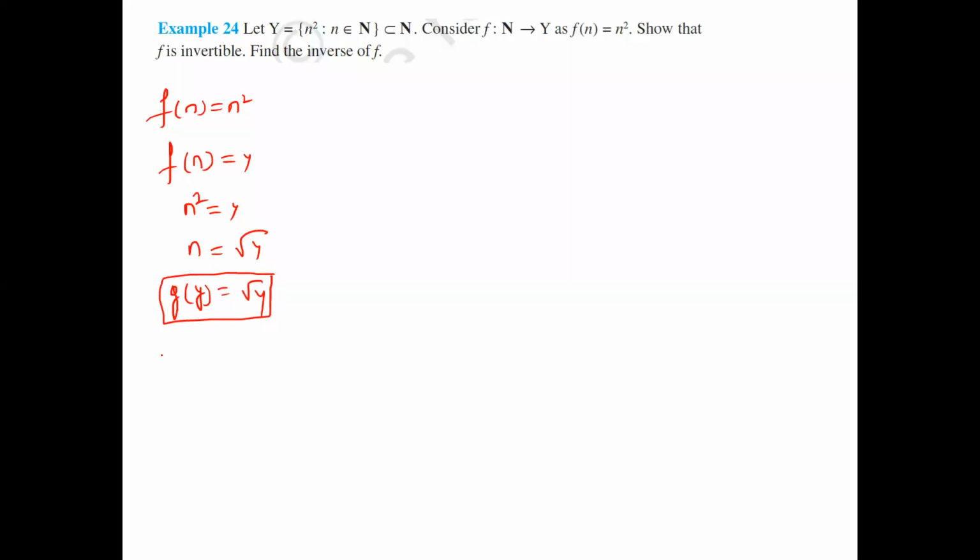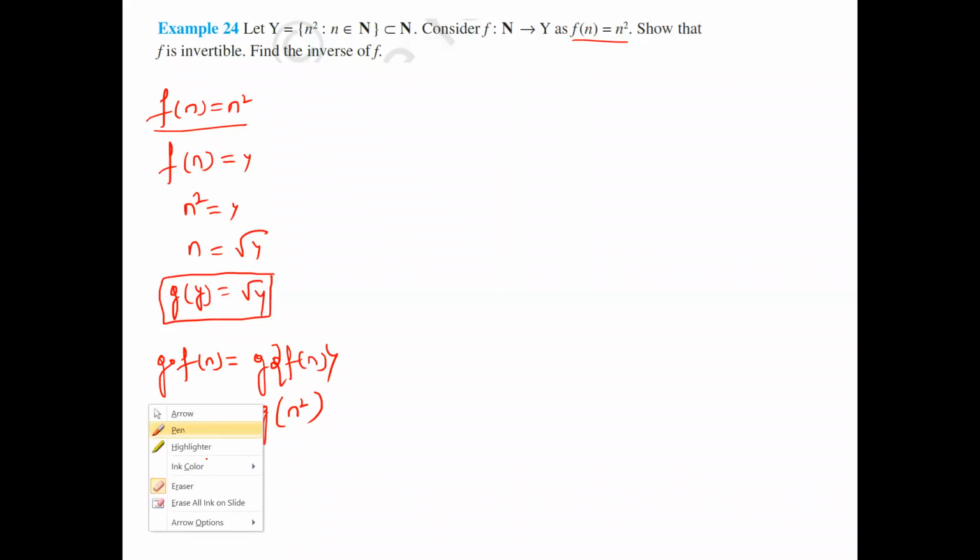Now g composition f of n. Our answer should be n. How to get this? See, g of f of n. What is the f of n value? It is nothing but n square, as they gave here. So it is g of n square.